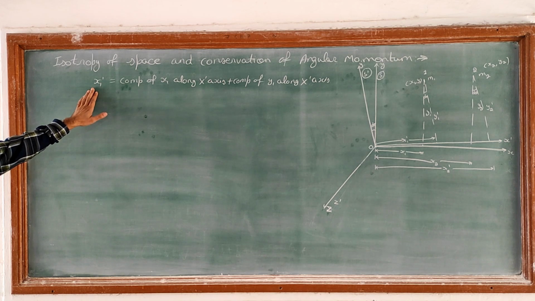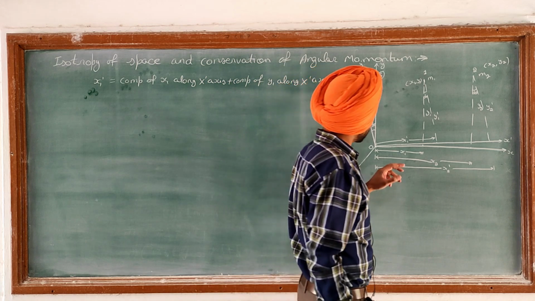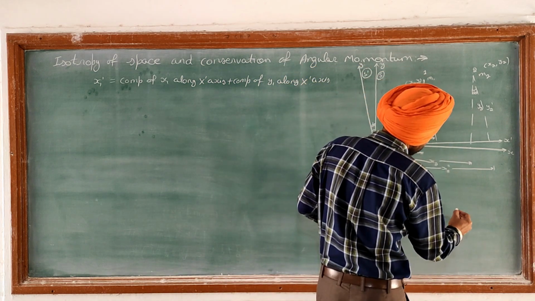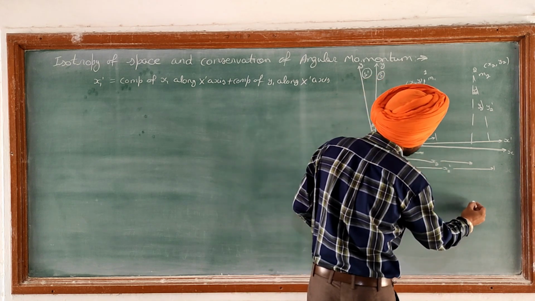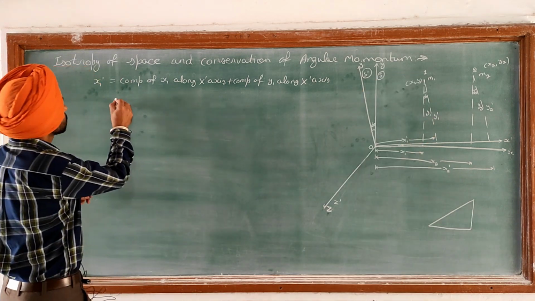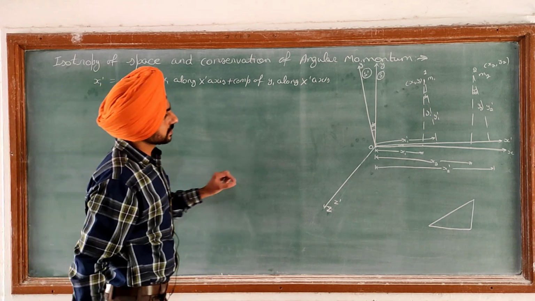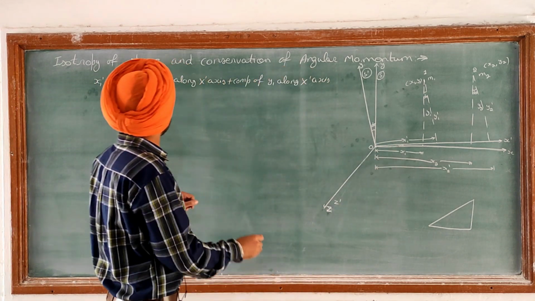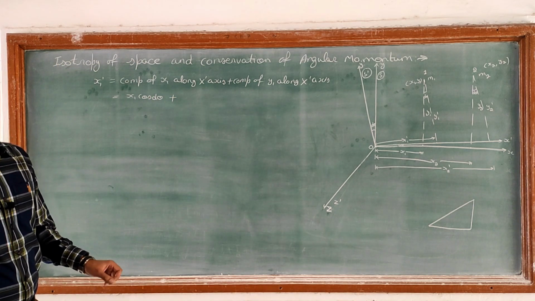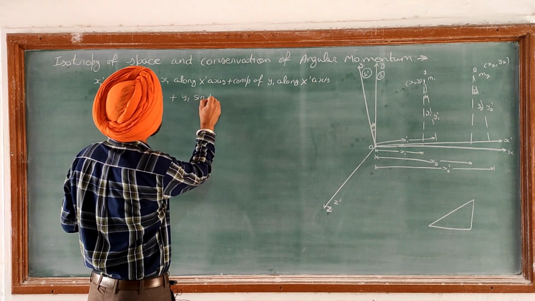So the component of x1 along the x prime axis is x1 cos d theta, as this angle is d theta, plus the component of y1 along the x prime axis, which is y1 sin d theta.